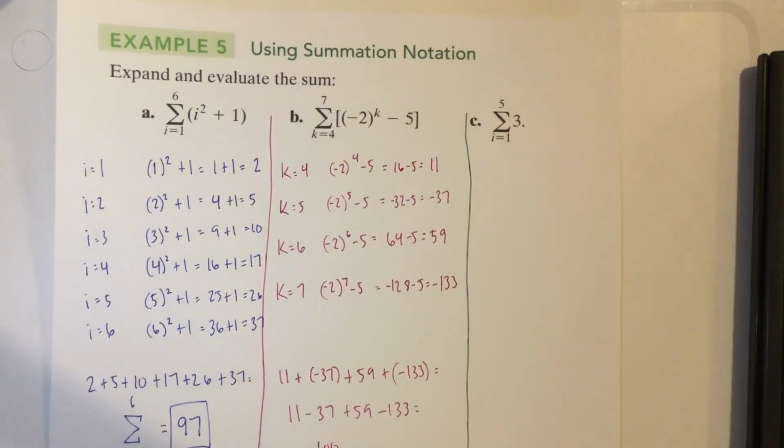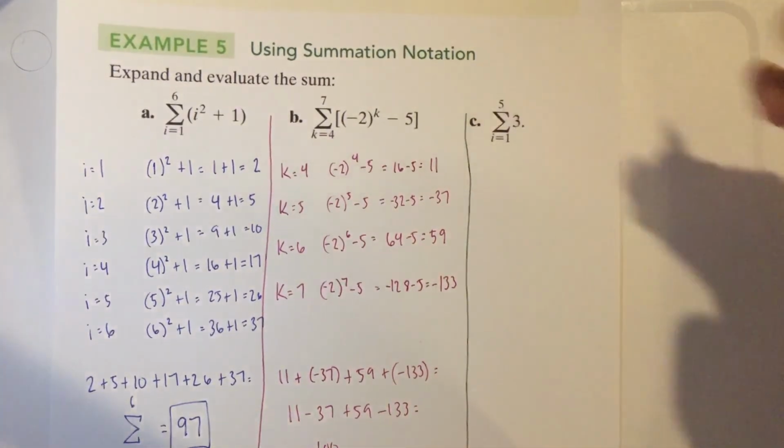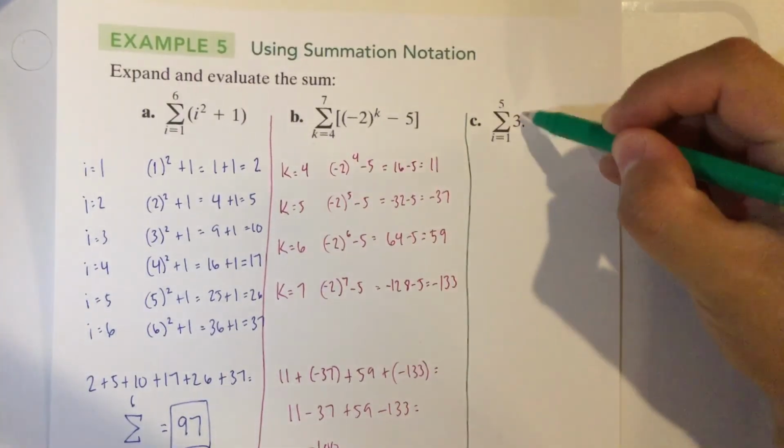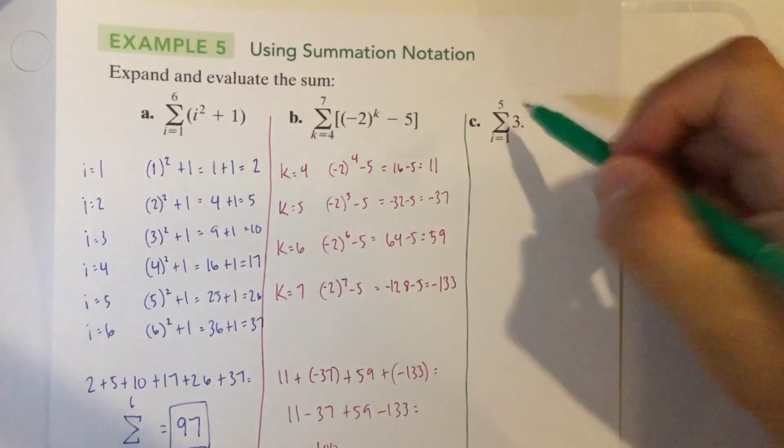For this last one, this is an interesting case. You'll notice the lower limit is 1 and the upper limit is 5, but here we don't actually have a variable. There is no letter here, right? There's not an i.